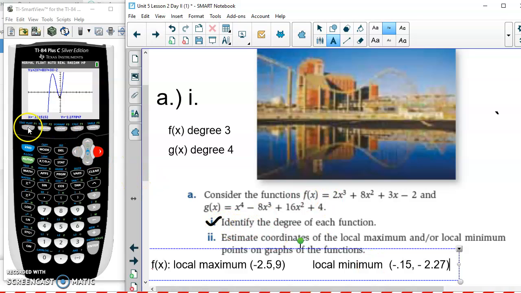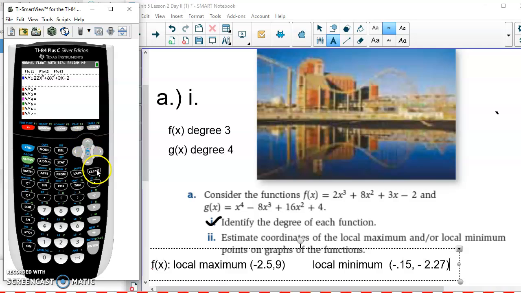Now we need to go back to our y equals, and let's just change our equation. I'm going to change the 2x to a 4, change this to a subtraction symbol. It's 8x to the third. I'm just changing to the equation I see here, plus, and then I'm just going to type over this, 16x squared plus 4.